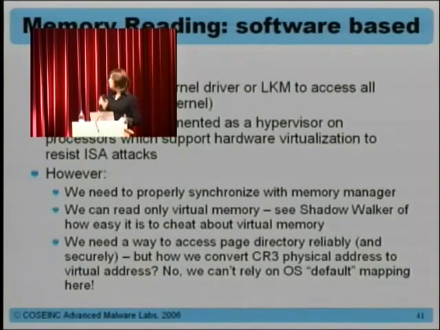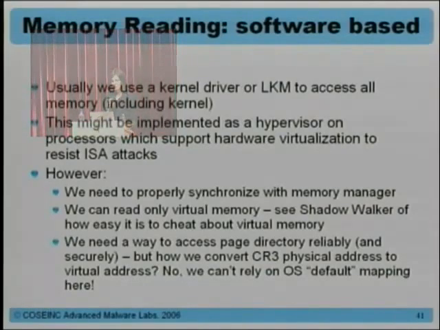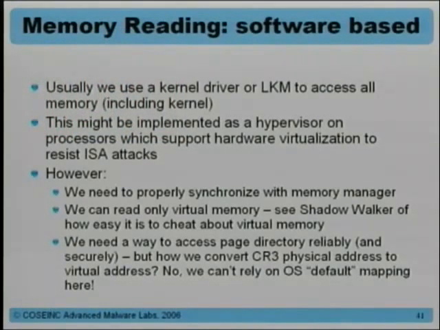Also, the other problem is that if we are a program, even looking from the assembler point of view, we can only access virtual memory. We don't have access to physical memory. And there was a nice example of the Shadow Walker rootkit, written by Jamie Butler and Sherry Sparks, which implemented virtual memory cheating.